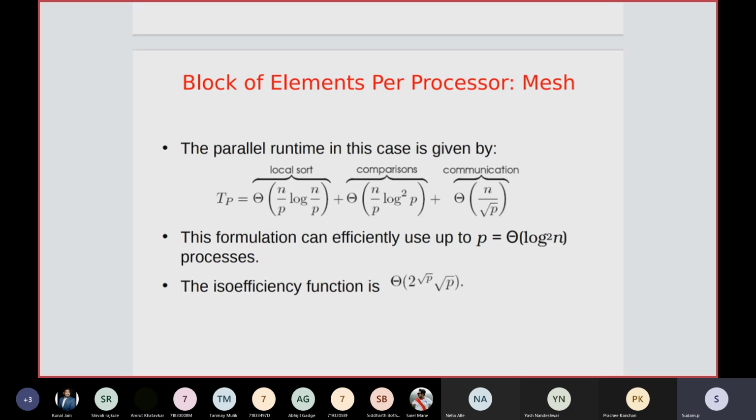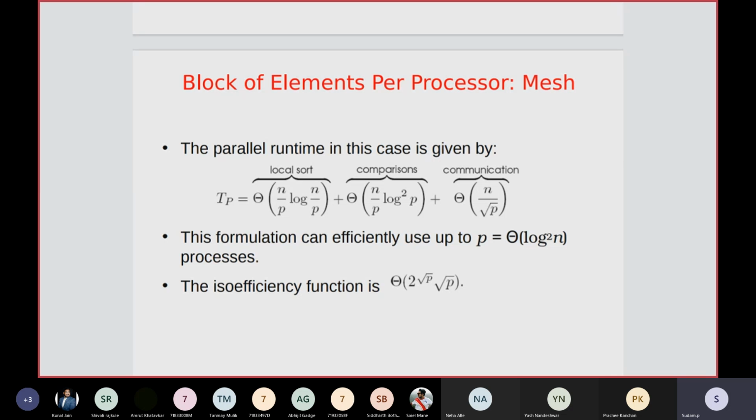Plus theta of n by root p communication steps required between the processing elements in order to exchange their sequences. This formulation can efficiently use up to p equal to theta of log square n processors, and the isoefficiency function can be represented as theta of 2 raised to root p into root p.